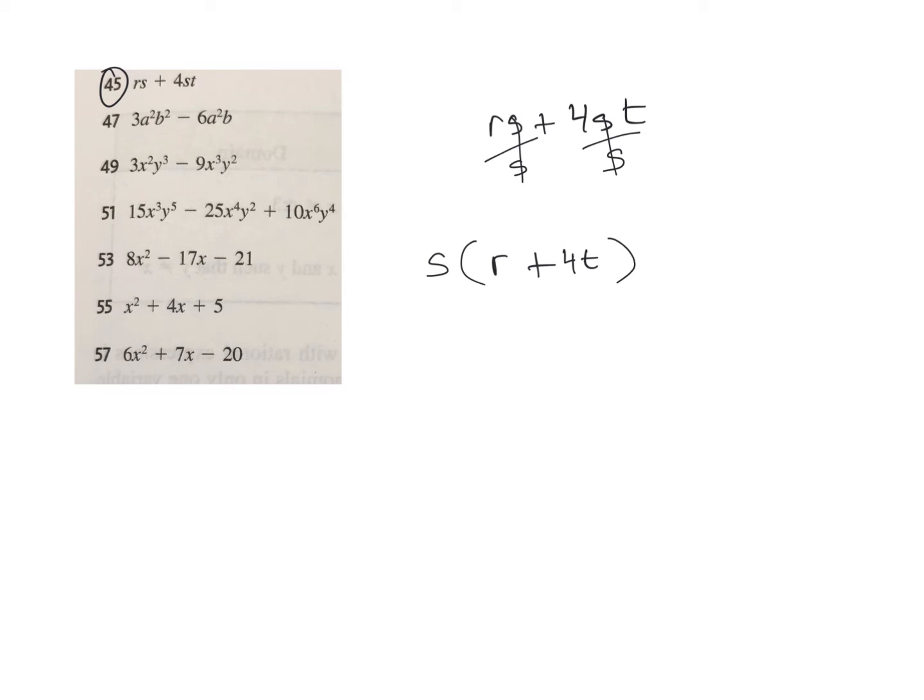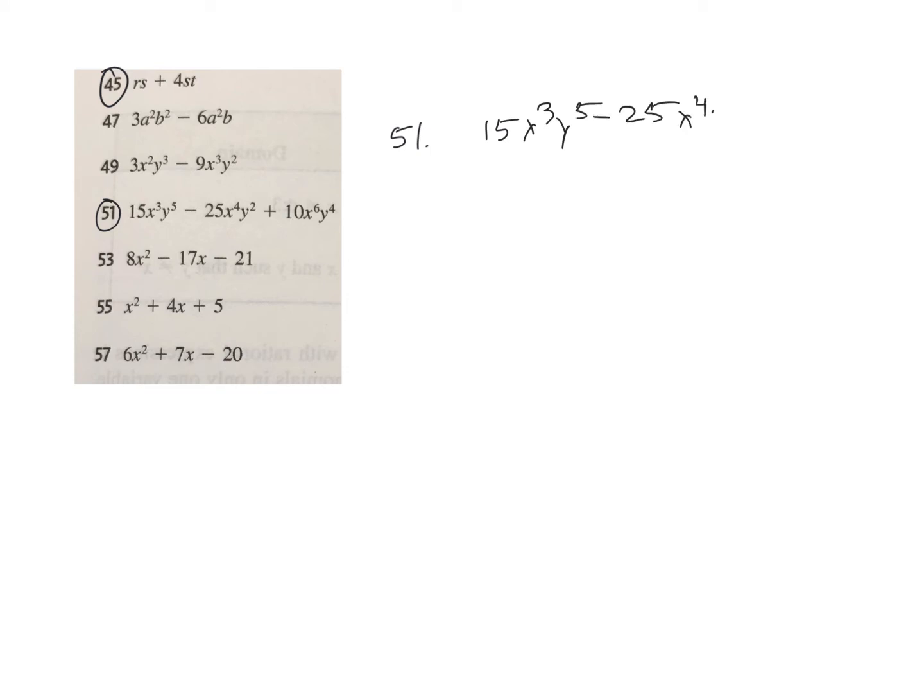All right, let's look at 51. So we need a little space. All right, 51. The first thing you should do is look to see if you can factor anything out. Again, let me write it out here. What is common, and then write underneath each one what you're going to be factoring out.